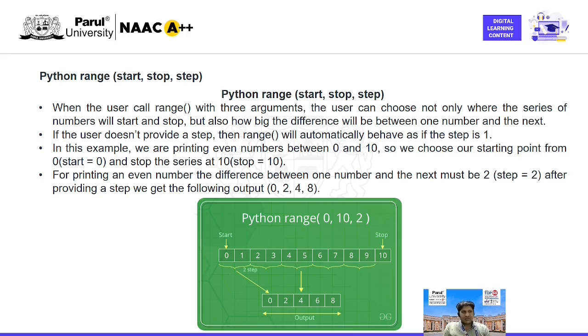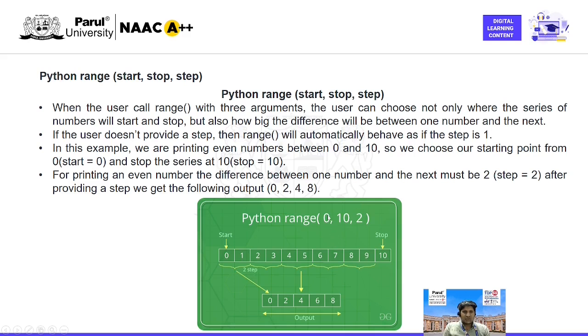The difference between the first even number and the second even number is 2: 0, 2, 4, 6, 8. It means the difference between two numbers is 2. So we have to provide the step value as 2.